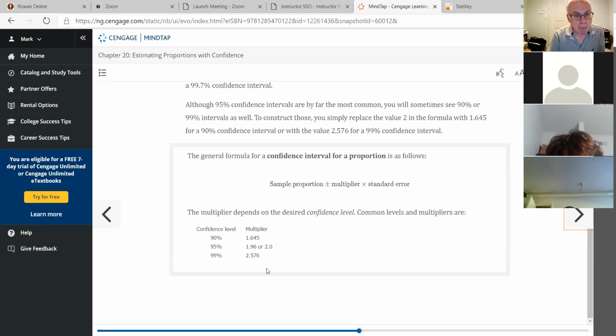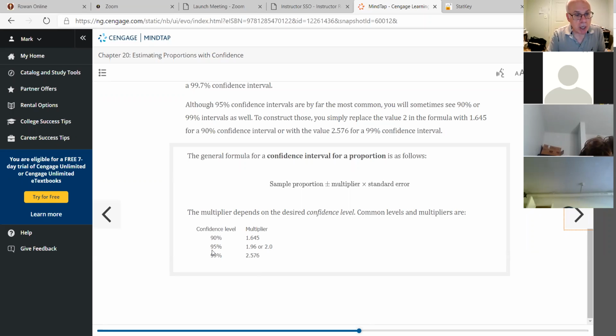If I created many samples of the same size from the same population, and I calculated the sample statistic, either a sample mean or sample proportion, for each one of those samples, then if I'm 90% confident, I would estimate that 90% of all those samples would actually contain within the interval the true population mean or true population proportion, and 10% wouldn't.